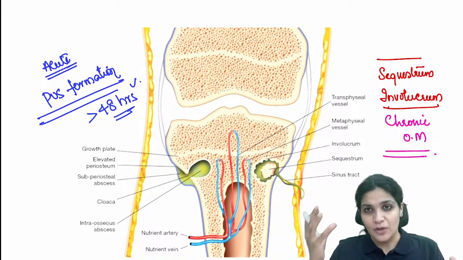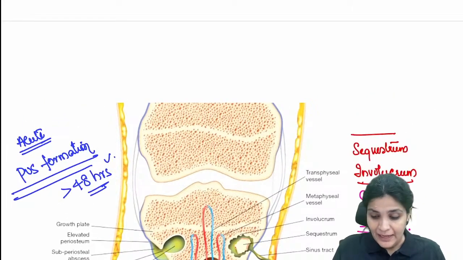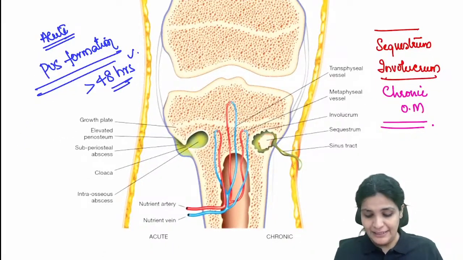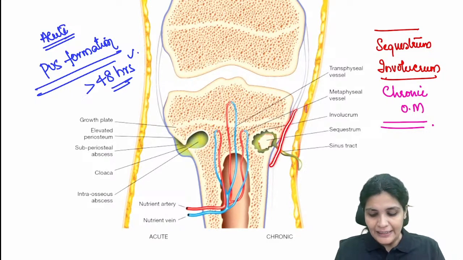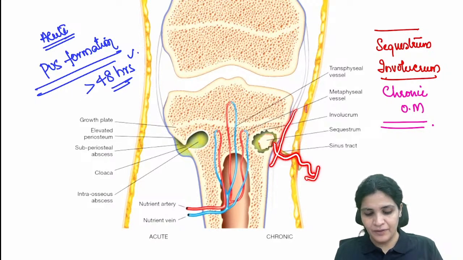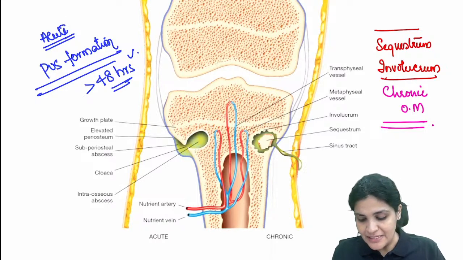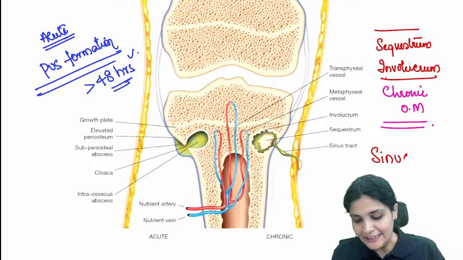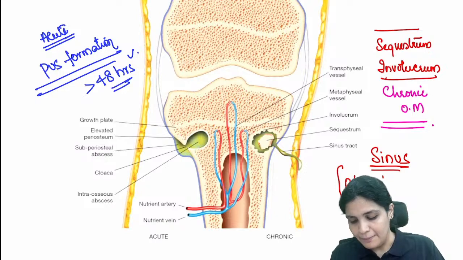And whenever you see sequestrum and involucrum, the other important thing is that once the periosteum is elevated, it can come up to the skin. Whenever it comes up to the skin, that is called the sinus. A sinus is nothing but a blind tract lined by epithelium.